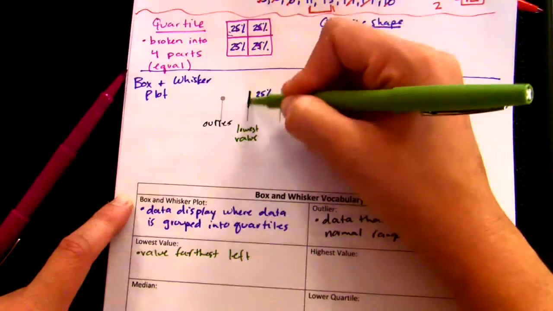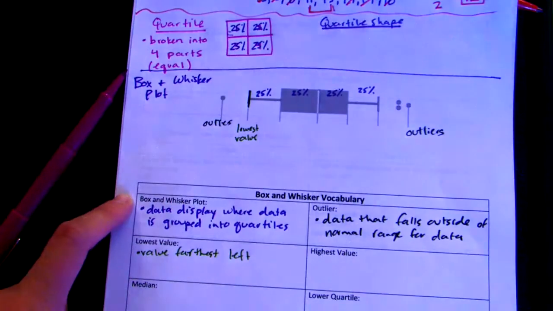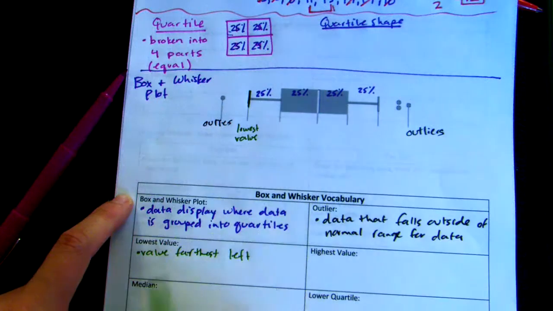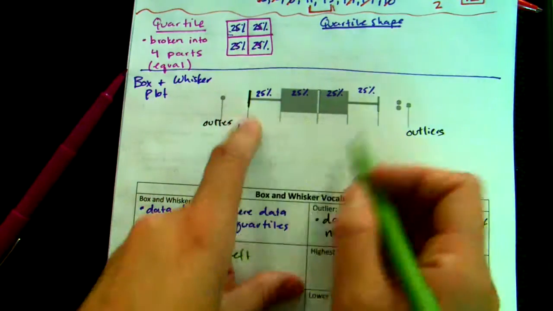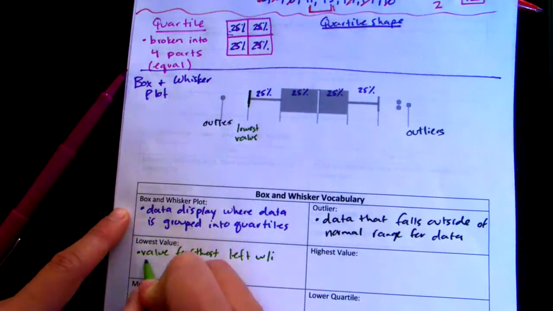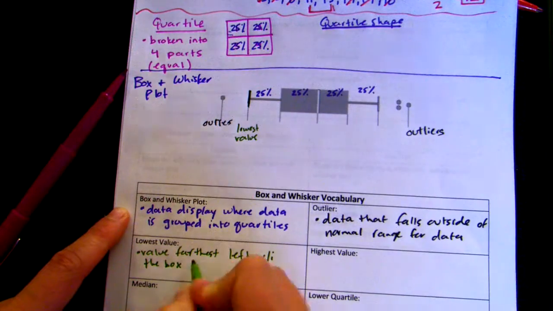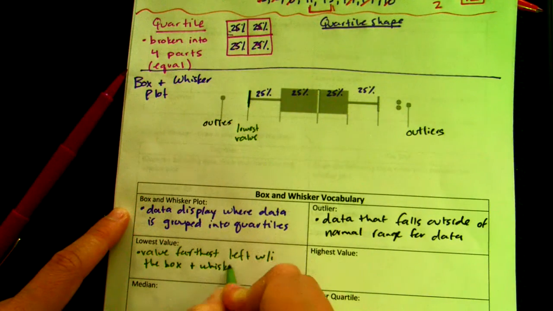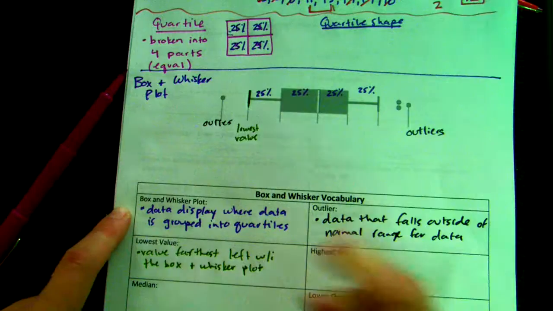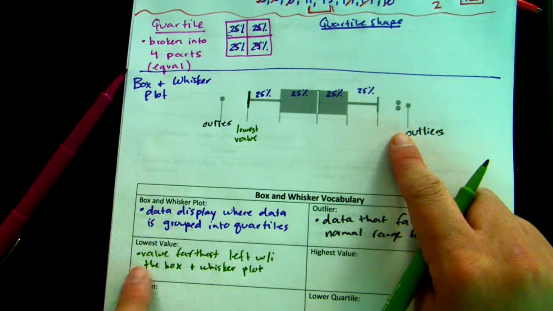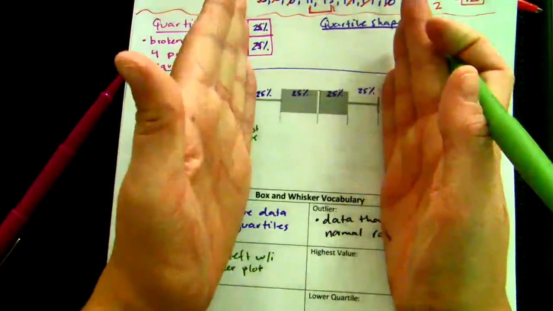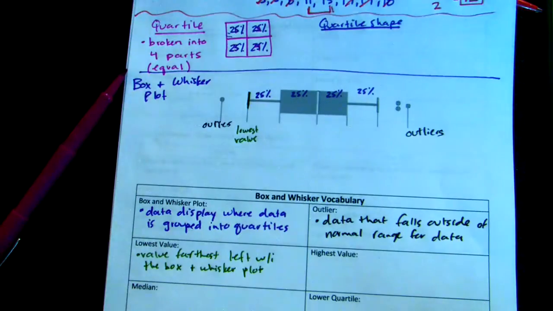So it's our value farthest left within the box and whisker plot, to be specific. Technically our outliers are the farthest, but when we're looking at our lowest value, we're talking about what's within our box and whisker plot.